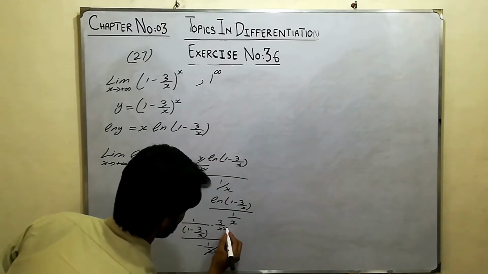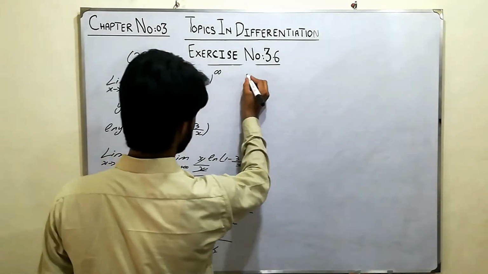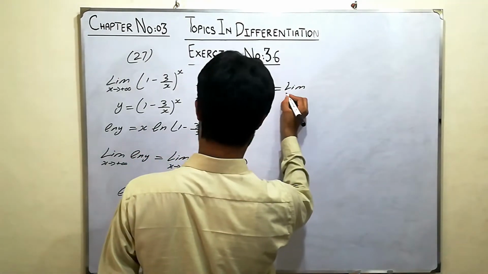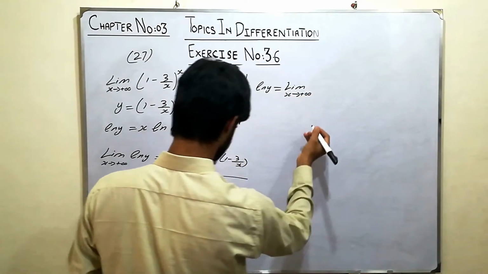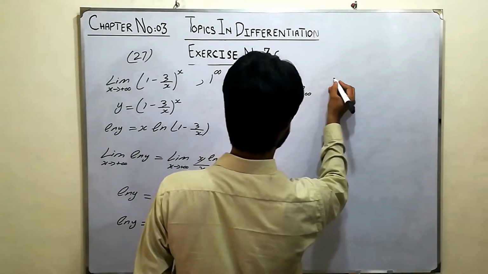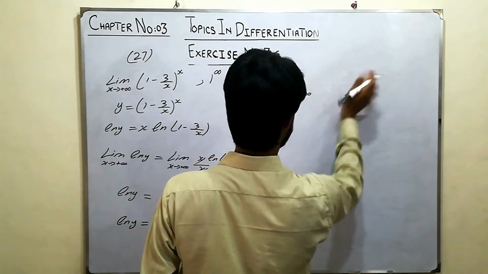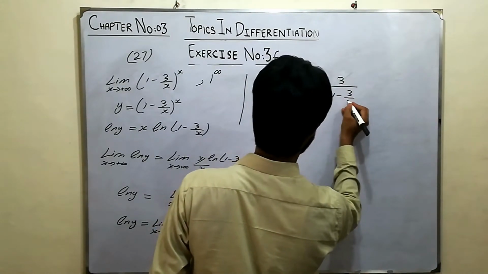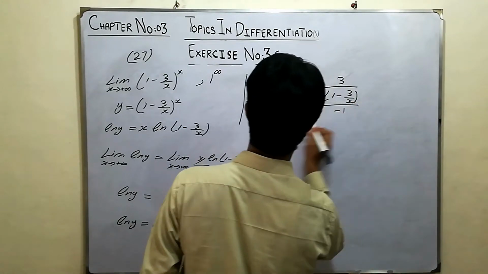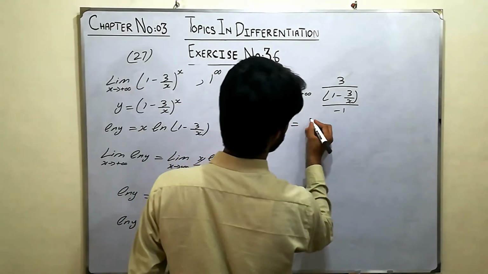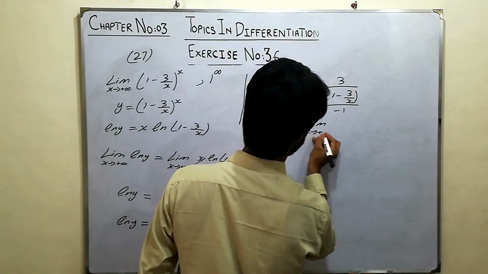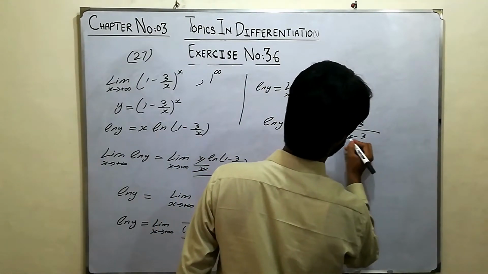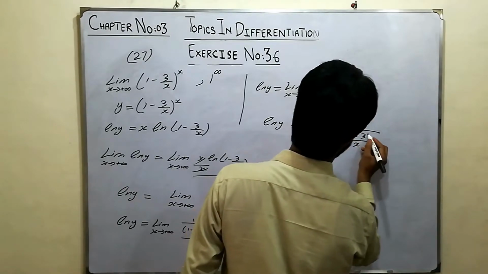So we have ln y is equal to limit x approaches plus infinity of 1 minus 3 by x, divided by 1 by x. So ln y is equal to limit x approaches plus infinity of minus 3 divided by x, minus 3 x.